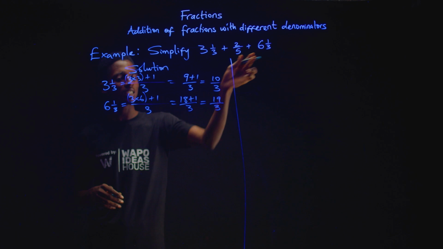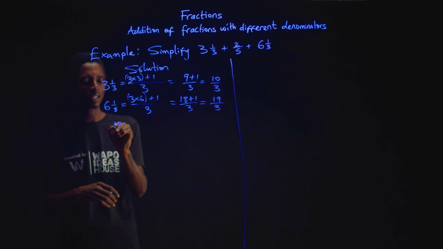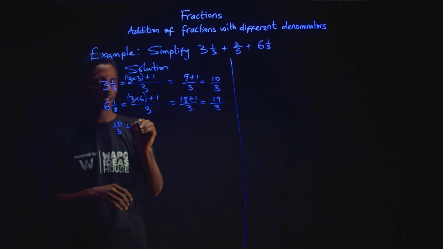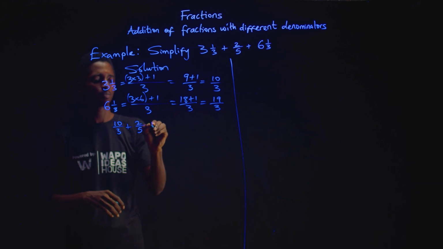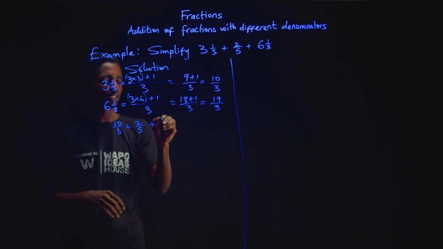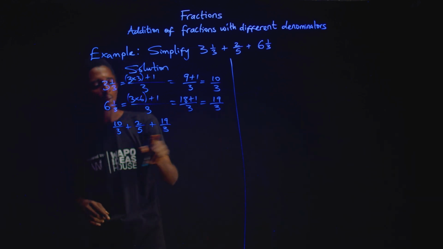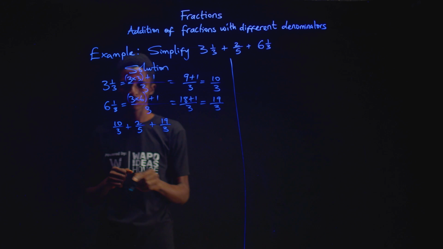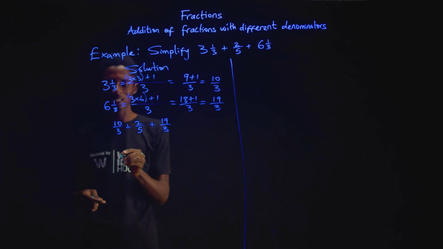We can now say that this becomes 10 over 3 plus 2 over 5 plus 19 over 3. Now that we have it as fractions all through, let us find the LCM of the denominators.